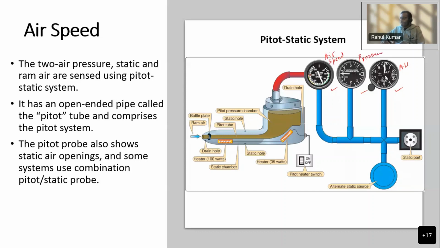So this is the general arrangement of all the indicators, or this is the way your indicators are connected. And obviously you have your pitot tube.